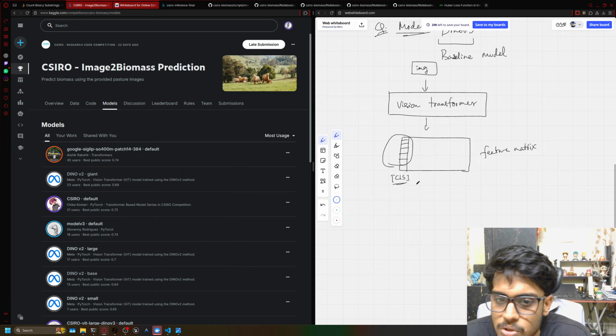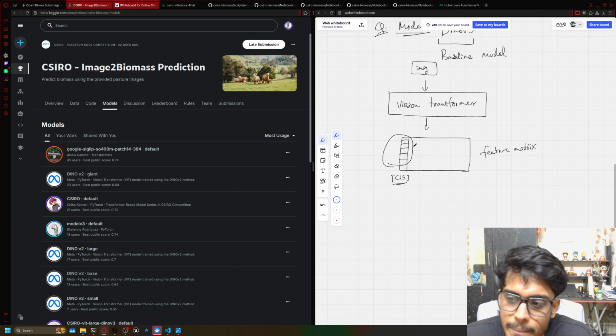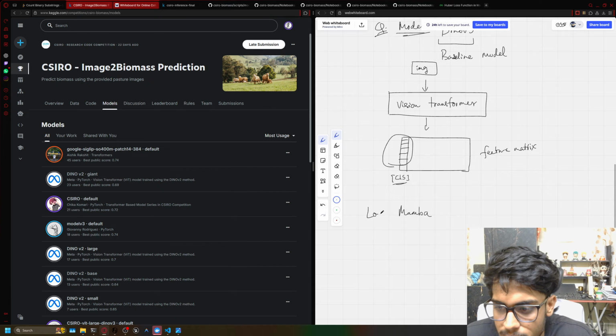So in order to apply proper weightage over these features, I won't say it's exactly a Mamba implementation, but I used a gated feature selective layer over the feature dimensions. I was calling that layer local Mamba.